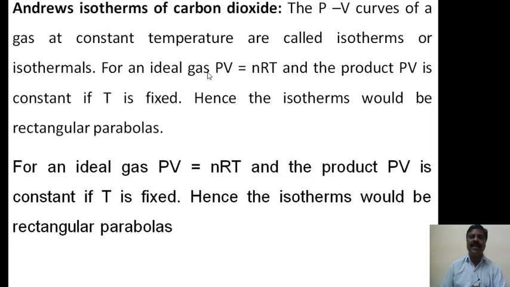For an ideal gas, PV equals nRT and the product PV is constant if T is fixed. If T is constant, then nRT is also constant, therefore the whole term is constant, hence the isotherms would be rectangular parabolas.